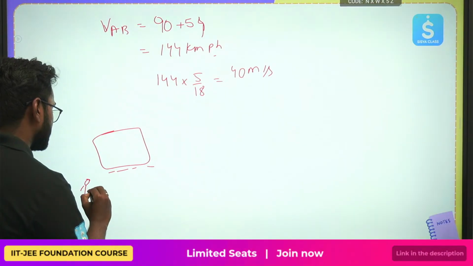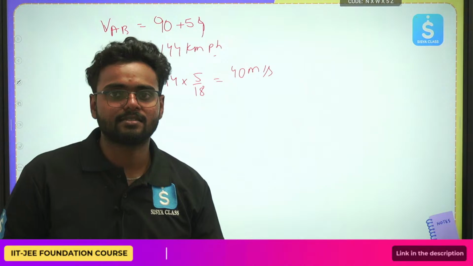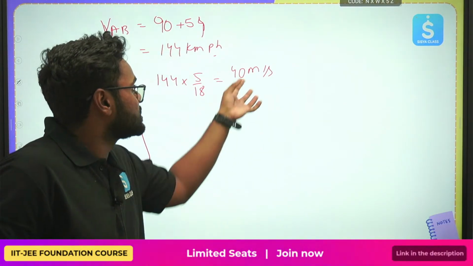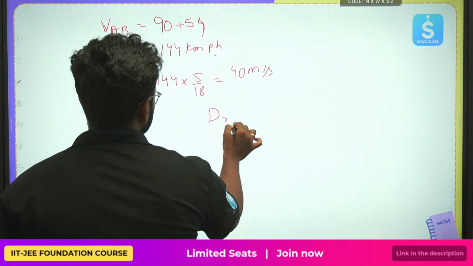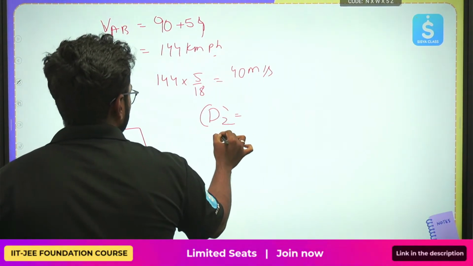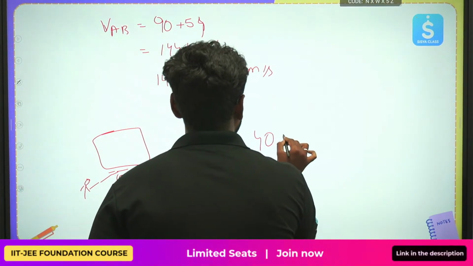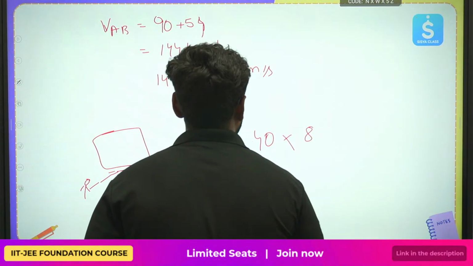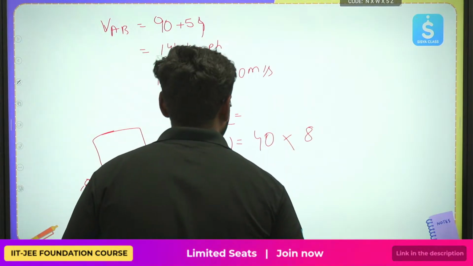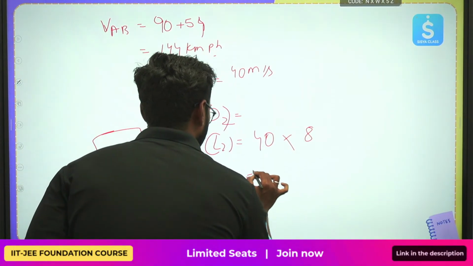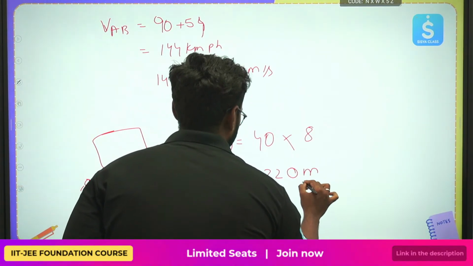He is watching this for 8 seconds. So basically he is covering the distance in 8 seconds with a speed of 40 meters per second. So you can easily write that this distance, which is the length of the second train, is nothing but the relative speed, 40 meters per second, into the time taken, which is 8 seconds. So L2 would be 320 meters.